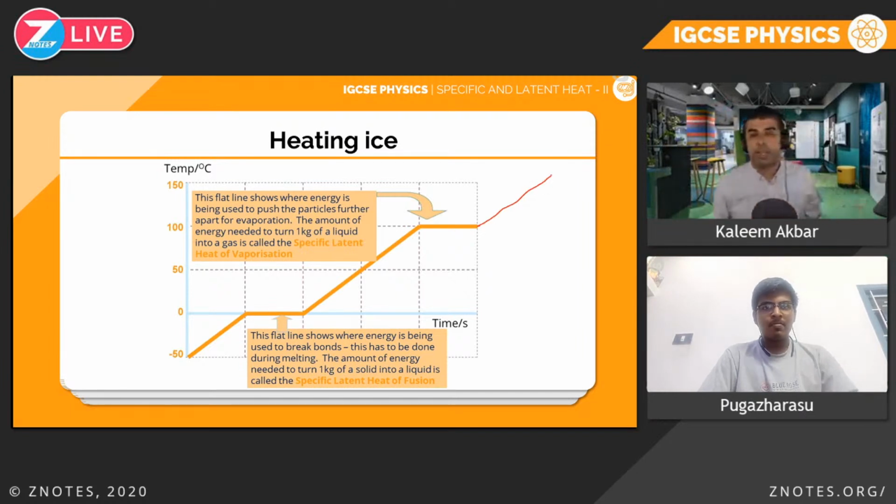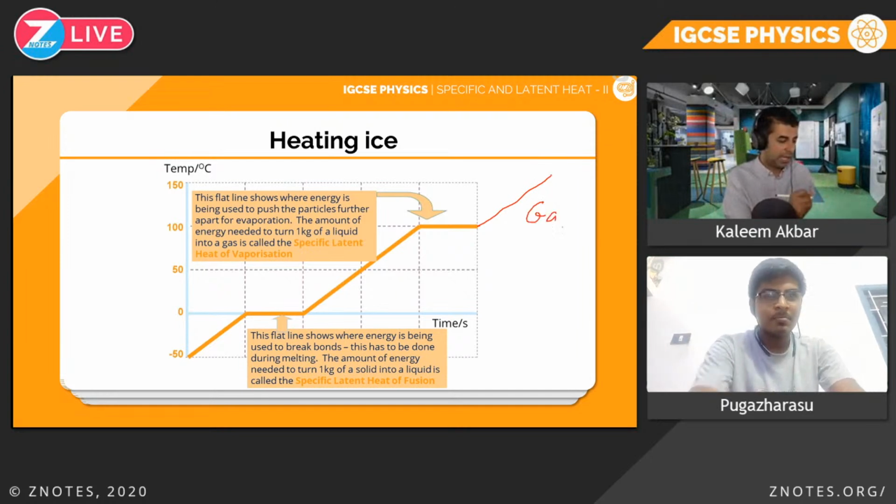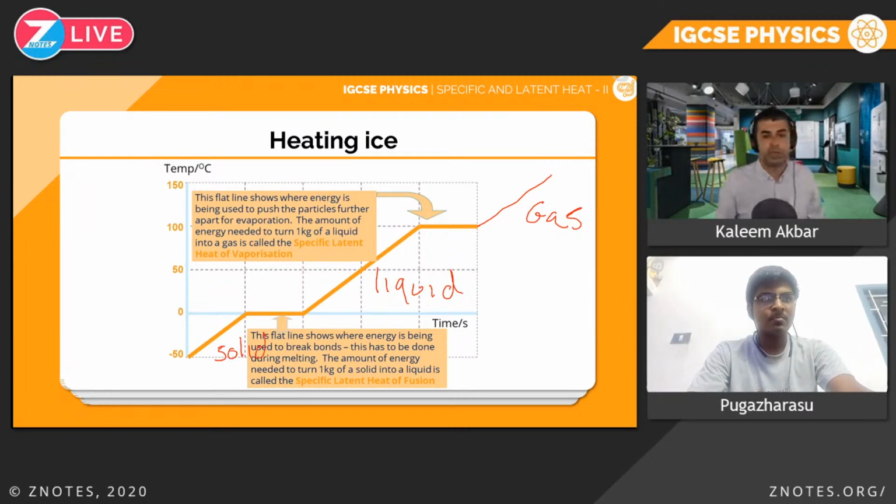Not the best straight line, but I want you to imagine gas, liquid, solid. Sorry for a bit of overwriting there. So whilst it's a diagonal line, you get three states of matter: solid, liquid, gas.